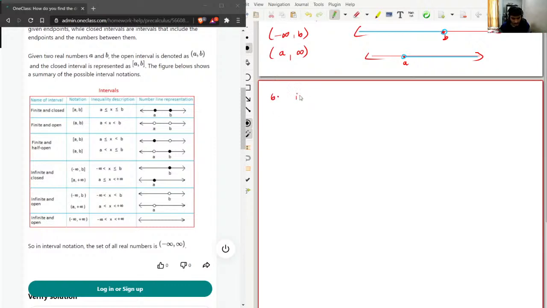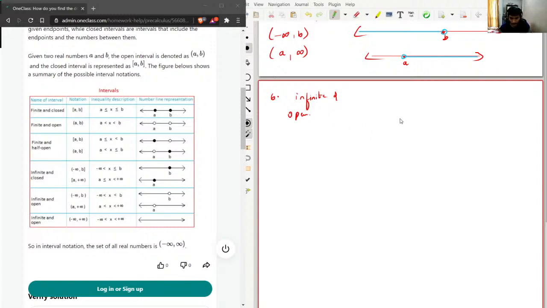The sixth one is infinite and open. In the previous two cases, they should have written infinite and closed finite, and infinite and open finite, because with infinite and open, we have two that can clash with each other.